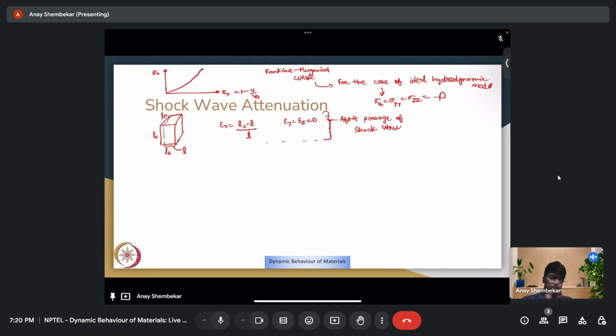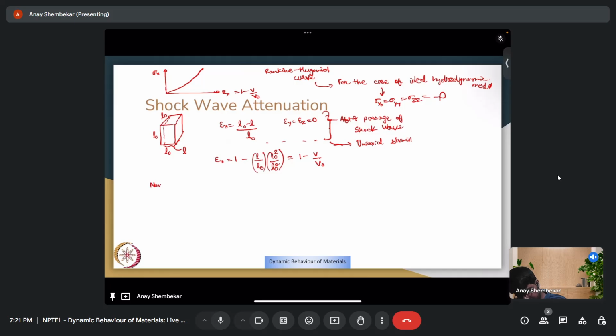So the shock wave moving along the x-axis compresses the material along the x-axis, whereas no strains develop along the y and z axes. When that happens, this is uniaxial strain. Then you can write epsilon x is equal to 1 minus L by L naught, into L naught square by L naught square, which is nothing but 1 minus V by V naught.